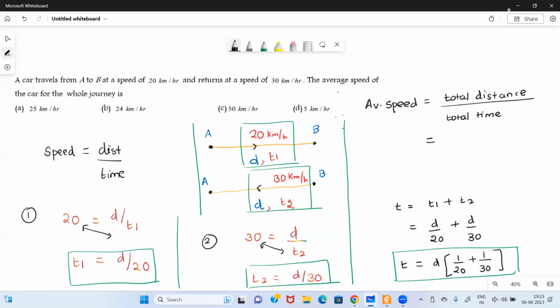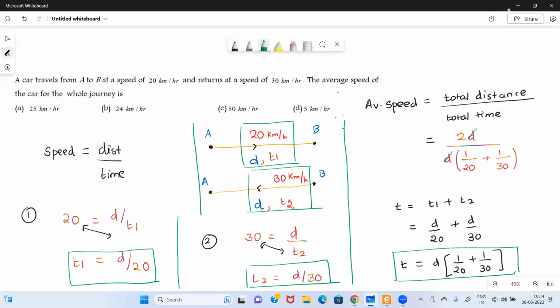From A to B it is small d, B to A another small d. So 2 times D is correct. And what is the total time? T. And what is T? Already we got the answer. What is it? D into 1 by 20 plus 1 by 30.